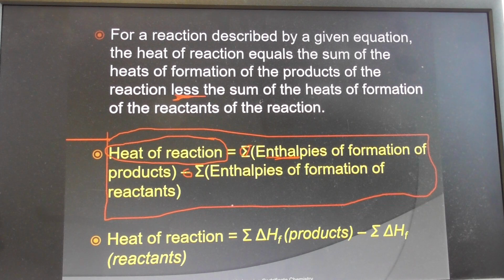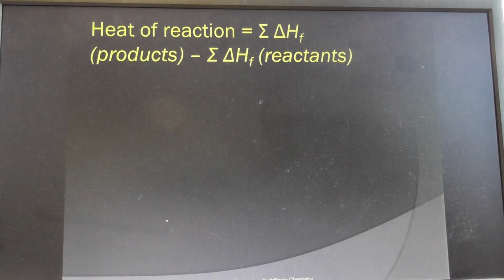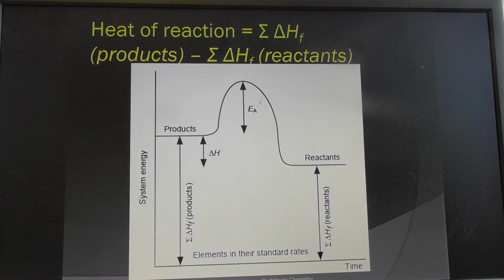Now the only thing you need to be careful with here, and it's really, really important to remember, is that when you're calculating the heats of formation of the products and the heats of formation of the reactants, you need to make sure that you multiply them by their coefficient. I'll show you in a calculation in any case. See, there's delta H. And this is a nice diagram I have here to describe that.